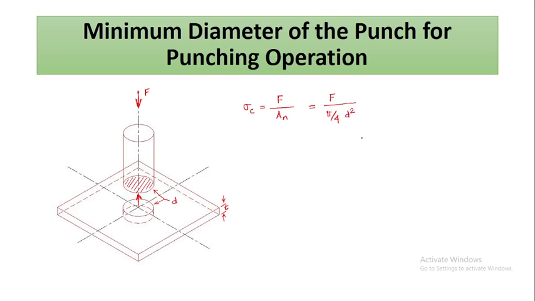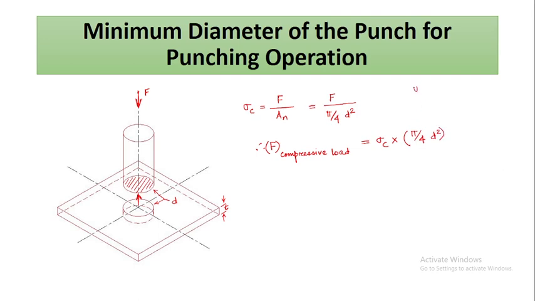So we can write that the force that is called the compressive load will be applied on the punch. So what will be the compressive load that will act on the punch? That is the compressive strength of the punch material into the area normal to the applied force.